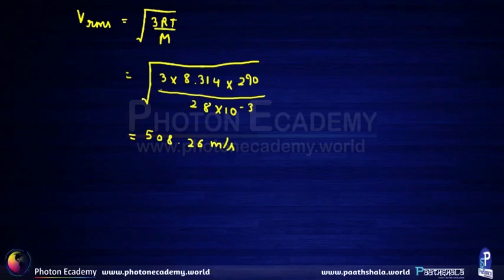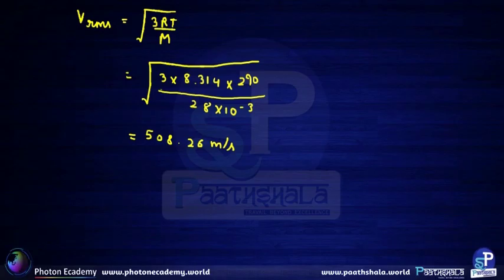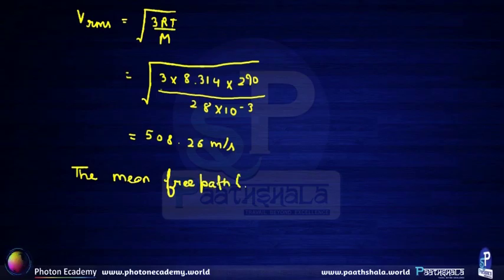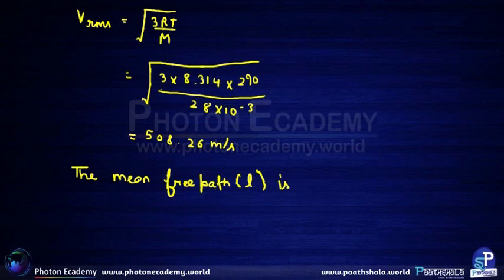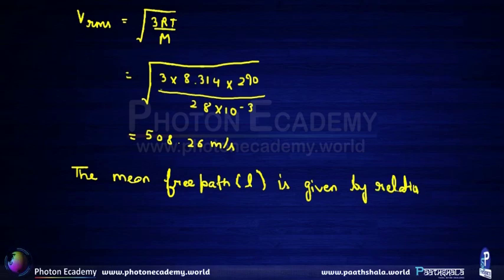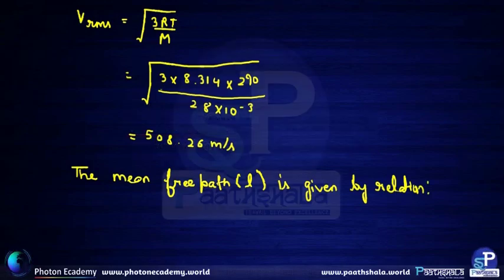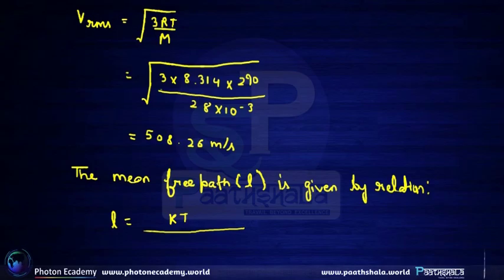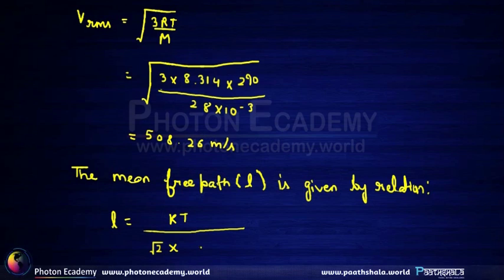So the mean free path length L is given by the relation L equals Boltzmann constant k into T, temperature, divided by root 2 into pi D square, diameter square, into pressure.